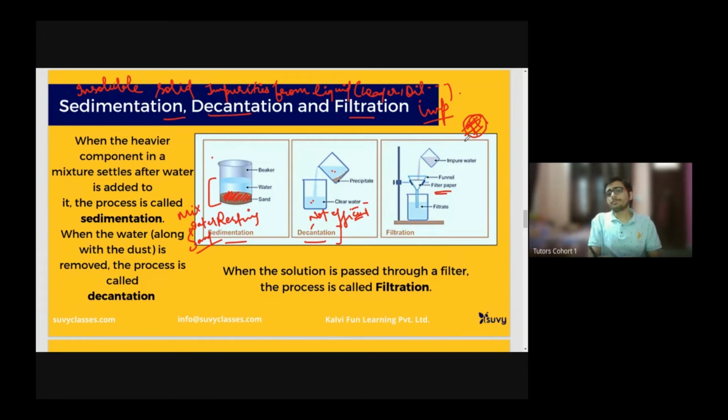We fold it to a conical shape and place it in this conical funnel. It's cone shaped, right? I'll pass my impure water through this. The sand particles will remain here, and the pure water is known as the filtrate, and the sand remaining here is known as the residue.